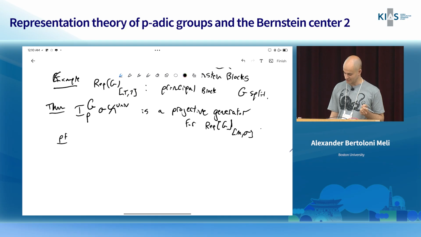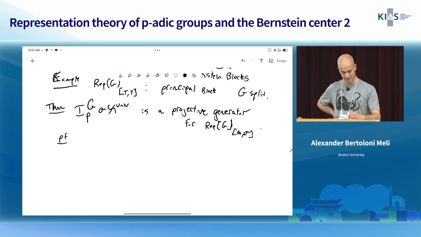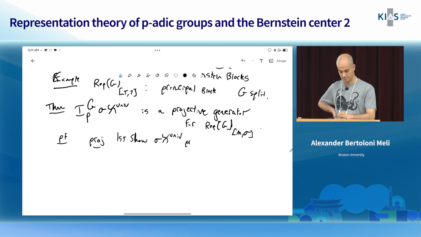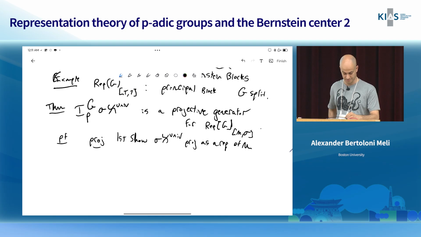So how would you prove something like this? Well, okay, let me not really prove it, but let me just give you some ideas. For the projectivity, you first show that this thing is projective as a rep of M. And then what you want to show is that this takes projectives to projectives.